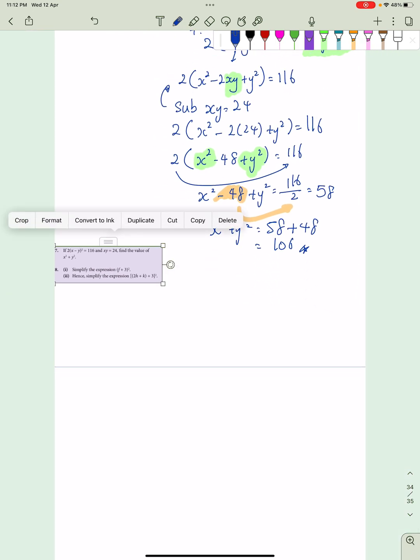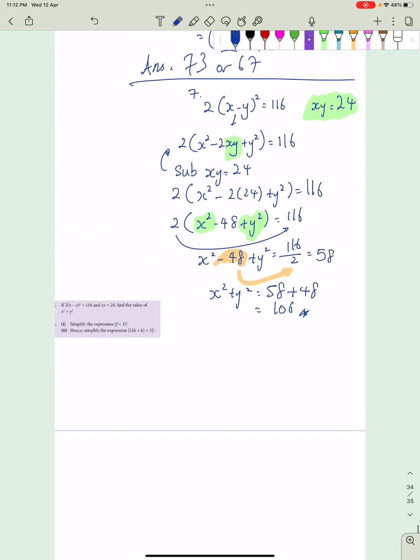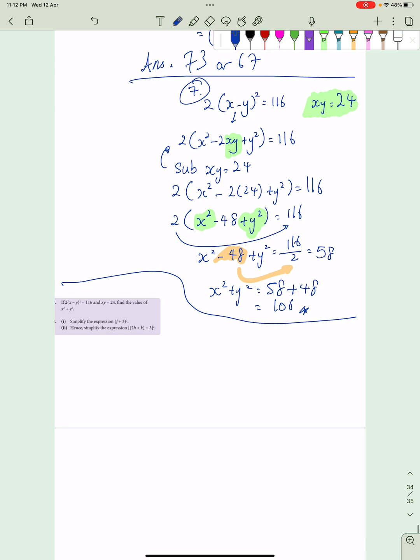Okay, so moving on. Let me scroll up a bit. I will stop here so that you can at least take down question 7. Now, let's look at question 8, right? Question 8 talks about simplifying f plus 3 squared. Again, a warm-up exercise. Many of you got this answer. It's actually looking like that.